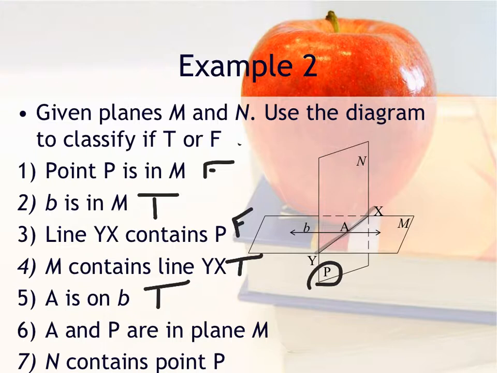A and P are in plane M. True or false? False. Which one is in plane M? A. Good. And the last one, plane N contains point P. True. Good. All right. Any questions on the true false? All right, let's go on.